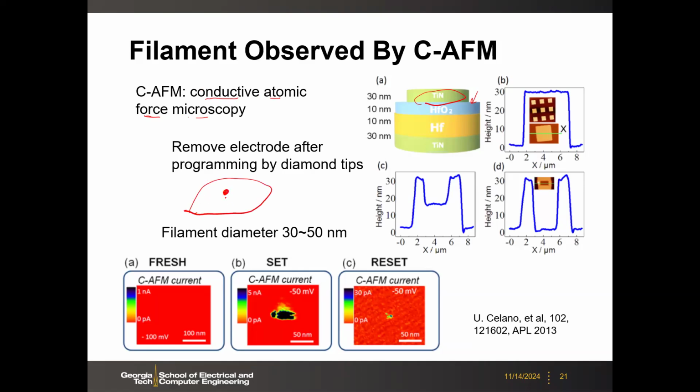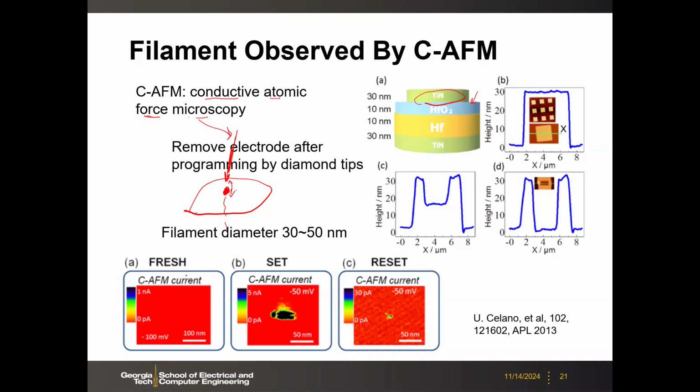You have some local filaments underneath. So this CAFM tip, there is a tip. If there's current going through, then the resolution is pretty high, like in the nanometer scale. So you scan over this surface, right? If there is a conductive spot, then it will show up.